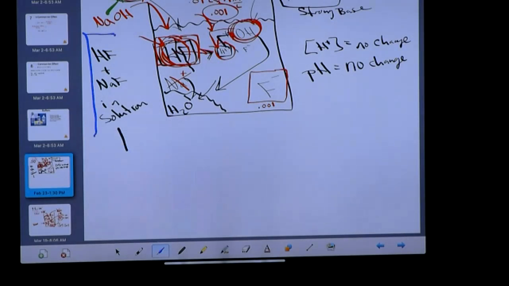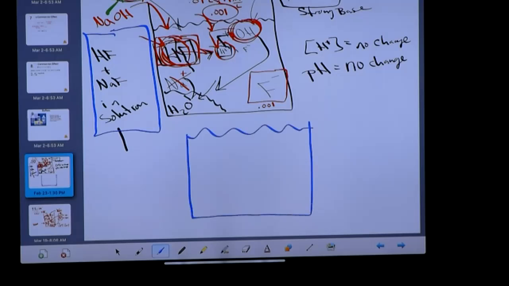In this solution, we have HF and NaF that's just chilling. Okay, so I'll redraw it just down here. I have HF and I have Na plus and I have F minus.